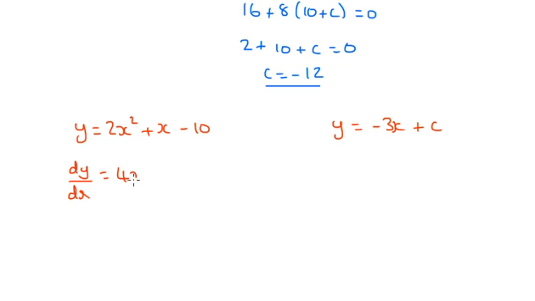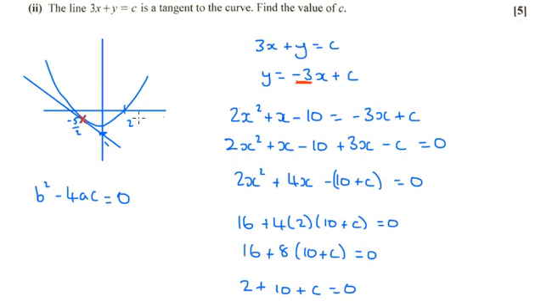So that's 4x plus 1. And we know, because the gradient of the tangent is -3, the gradient value has to be -3 as well. So we can rearrange this to find out what the x-coordinate has to be. So the x-coordinate has to be -1. So my graph's not very realistic, but it'll do.